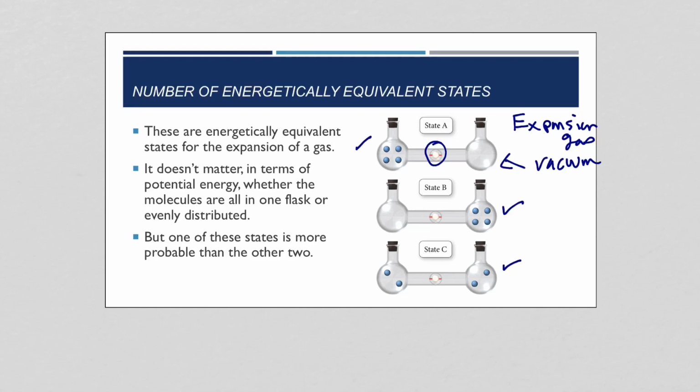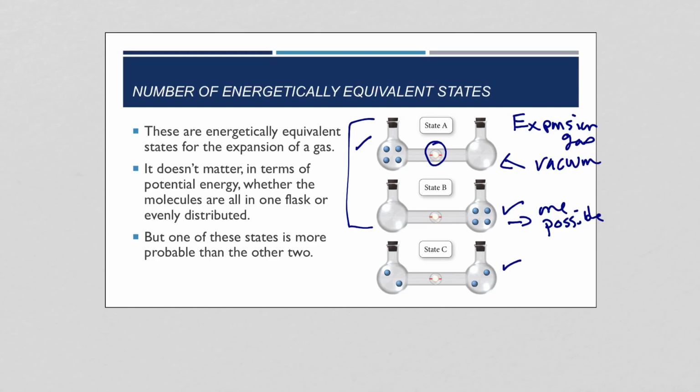But I think it's not too hard to imagine that for one of these states, there are more possible ways to get the arrangement than for the other ones. So I would surmise that for these 2 states, A and B, there is one possible arrangement. You either have all 4 on the right, that's one possibility, or for B, there's the possibility of 4 on the left. There's no other way to get that arrangement.